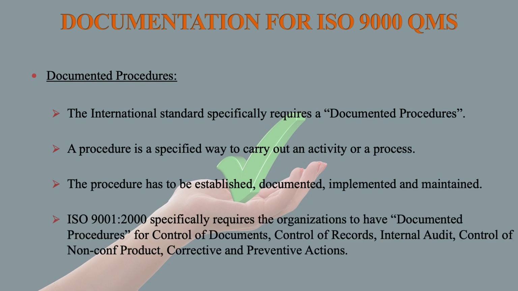ISO 9001:2000 specifically requires organizations to have documented procedures for control of documents, control of records, internal audit, control of non-conforming products, and corrective and preventive actions. So what ISO 9000 is saying is that there are documented procedures for control of documents. So here it provides the documented procedures.